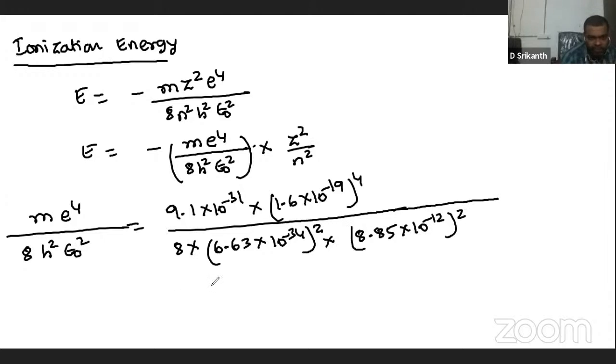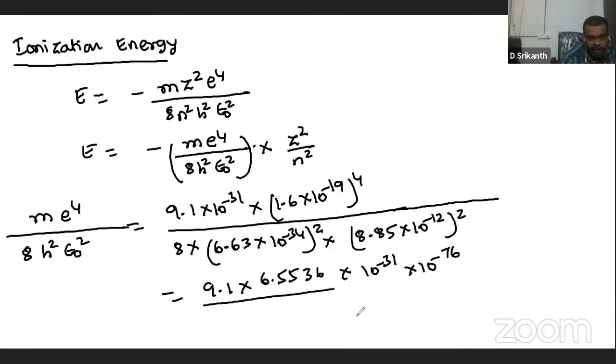Find out the value. 9.1 into 1.6 whole square means it is 2.56. So 2.56 whole square, 6.5536, 10 power minus 31 into 10 power minus 38 and 76, divided by 6.63 square.